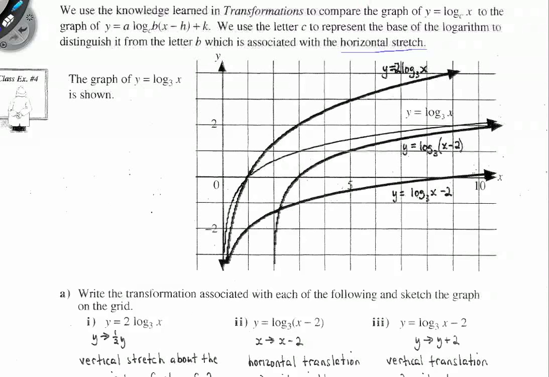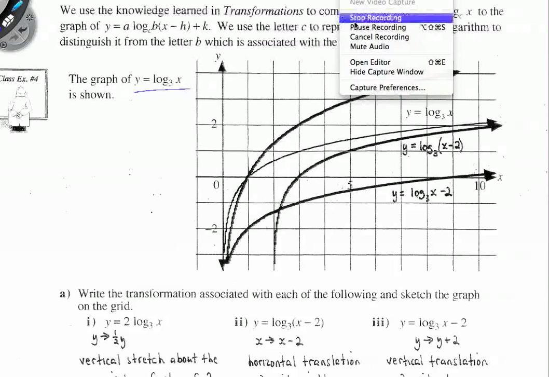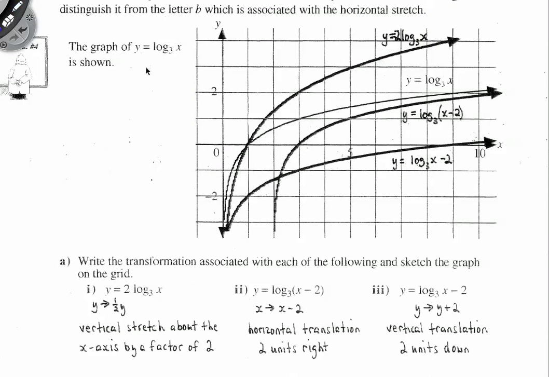Okay, so let's look at the graph of y equals log x base 3. So graphing that, that's shown here, y equals log x base 3, and it's saying here in part A1, write the transformation associated with each of the following and sketch the graph on the grid. So if we have y equals 2 log x base 3, compared to this here, it's basically multiplied by 2.